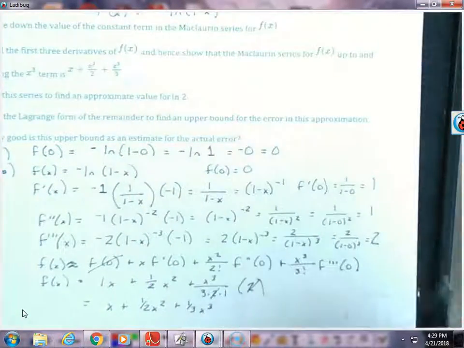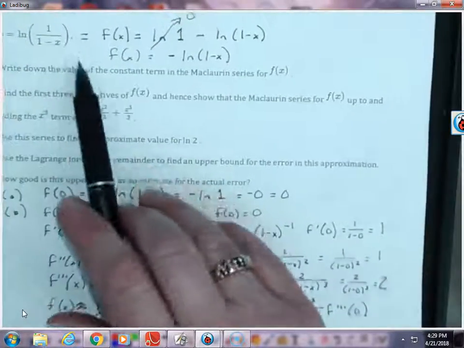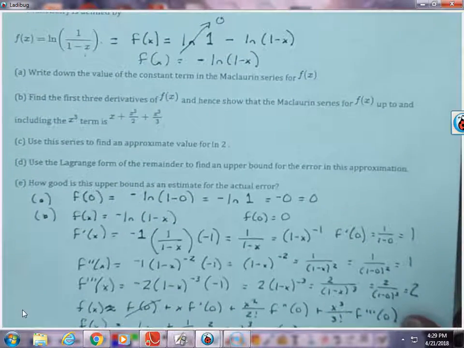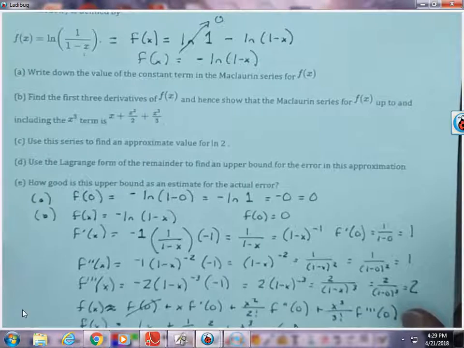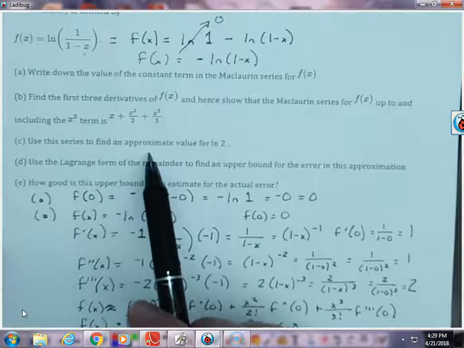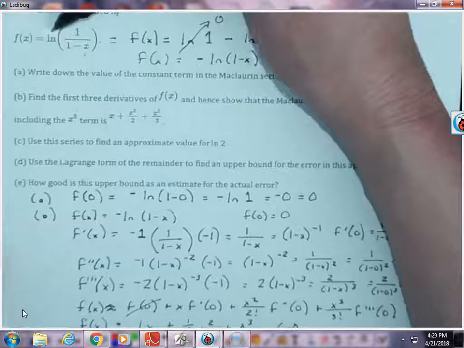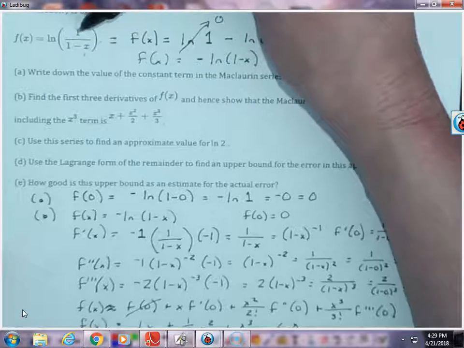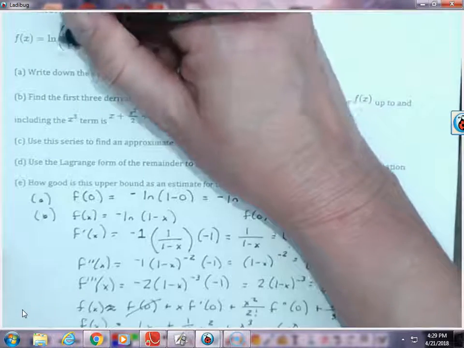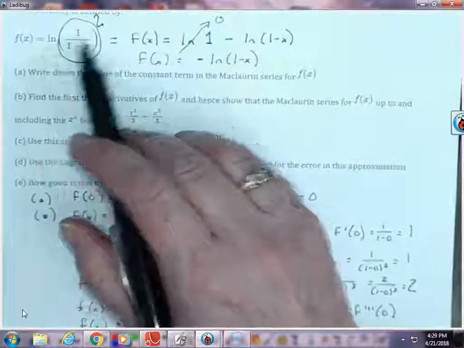Okay? So that's an approximation for this function that we started with using a power series, a series that is built on polynomials. Okay, and so here it says use this series to approximate the value for ln of 2. Okay, so I want to find ln of 2, so basically I want to know what would I have to substitute in for x right here so that this would be 2.